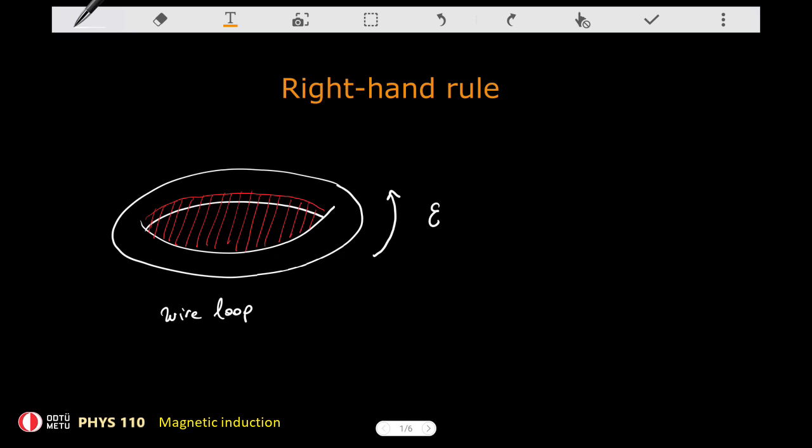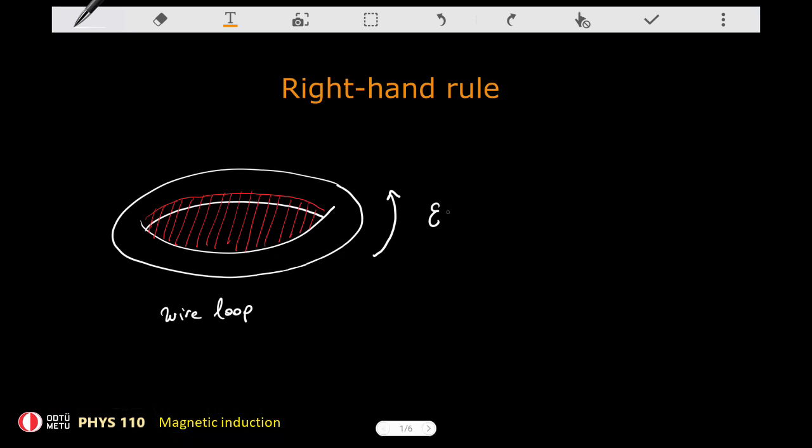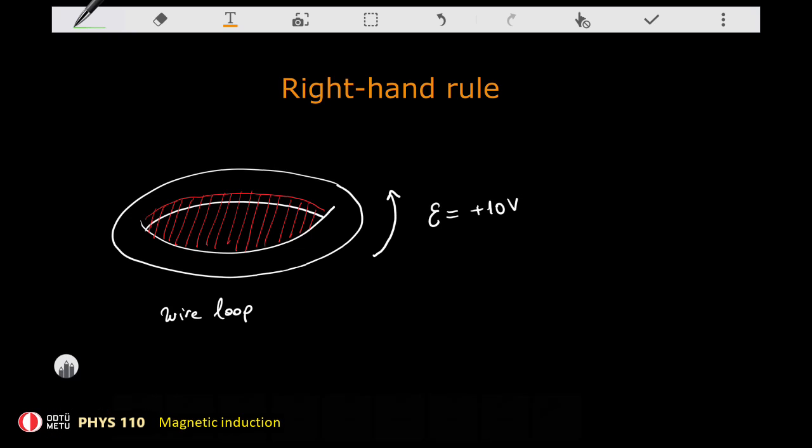That also means that I should accept that the EMF can be negative. For example, if the EMF in here is found to be positive 10 volts, somebody else who chose the direction in the opposite way, and so is using a different EMF along their chosen direction, is going to express the EMF with a different numerical value.